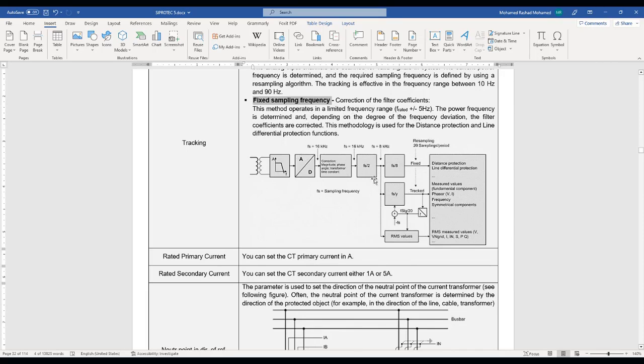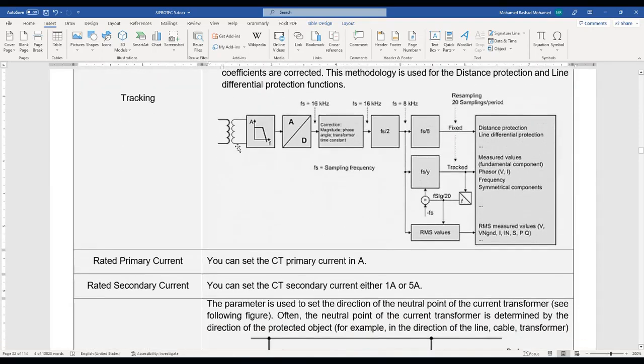All right, if we come closer here to see how the process is going, quite simply, this is yours. This analog input determines your frequency, converting it from analog to digital with a sampling frequency of 16 kilohertz. Of course, to know how it takes a sample, it's 1 over the frequency. Is that clear? Very good. Then it performs something called correction for the magnitude and phase angle, and so on.